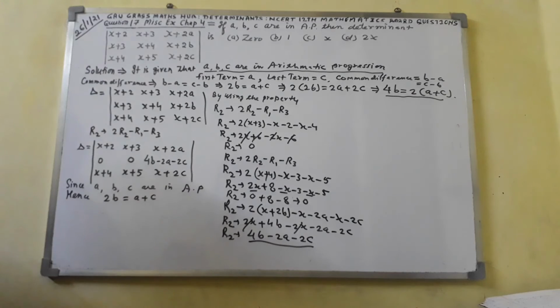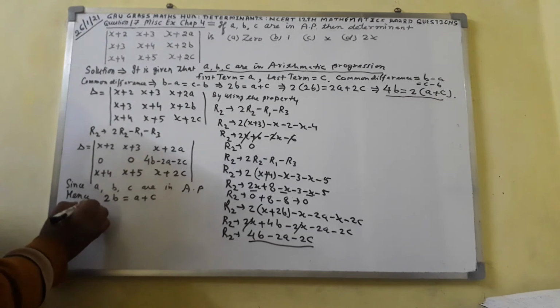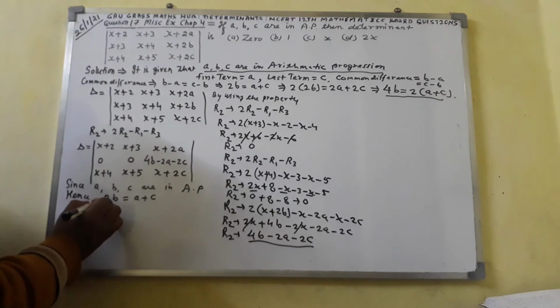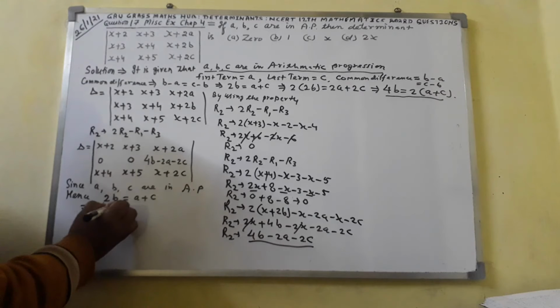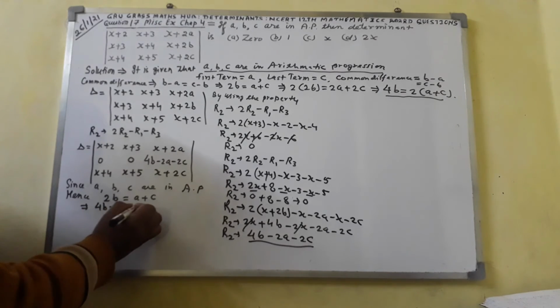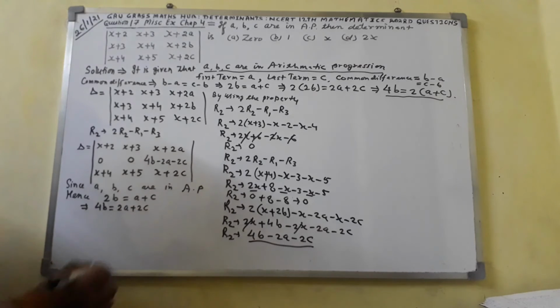Implied that twice of 2b comes out to 4b, equal to 2a plus 2c.